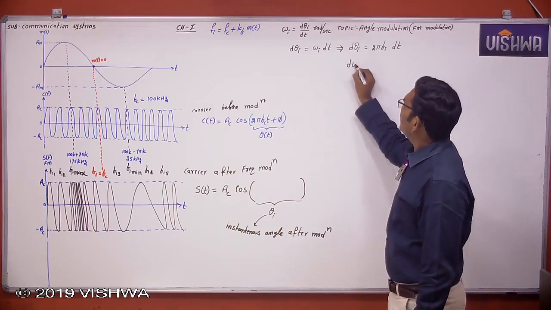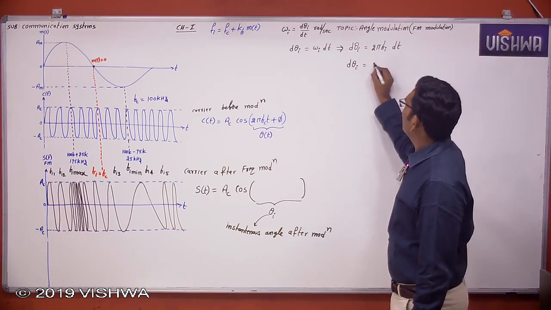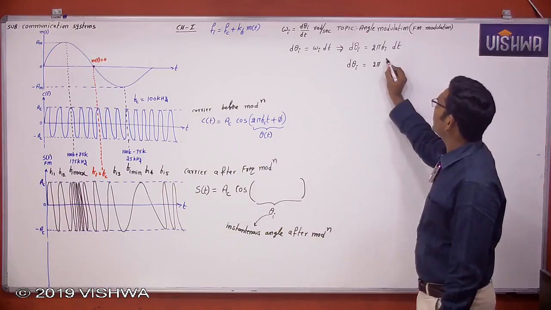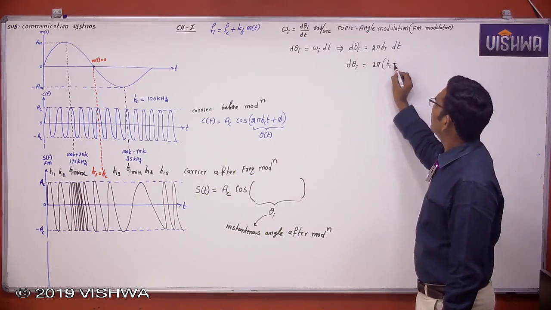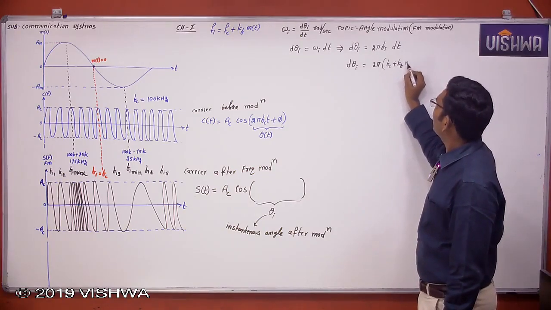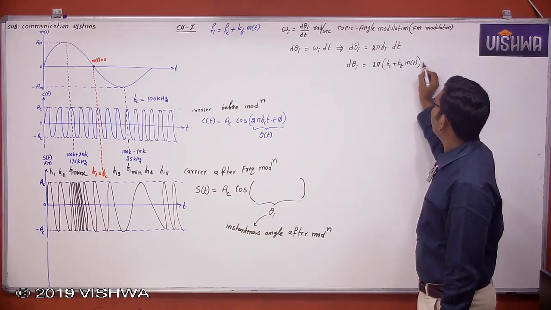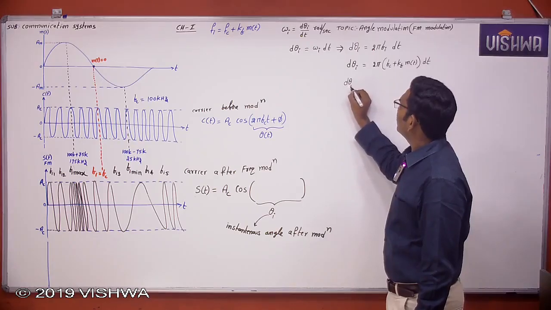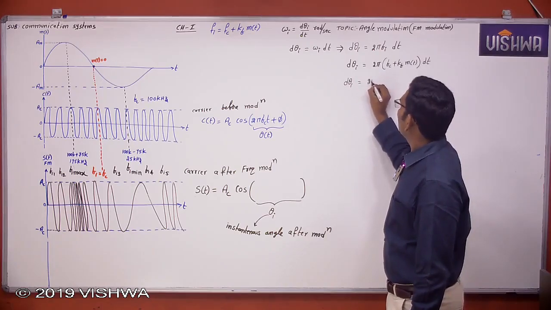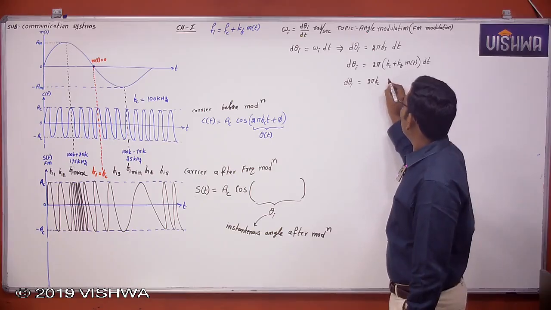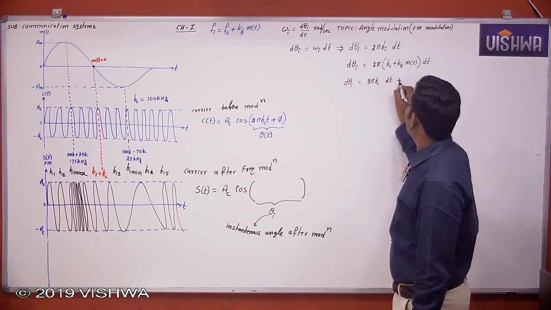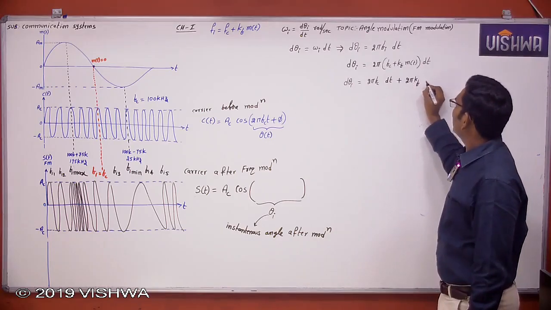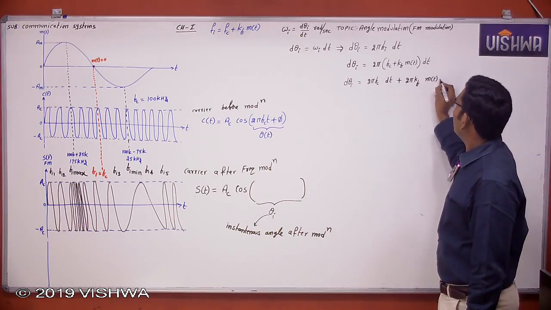Now d theta I is nothing but 2 pi Fi, what is Fi? The instantaneous frequency. What is the instantaneous frequency? Fc plus Kf into m of t. So d theta I is nothing but 2 pi Fc into dt plus 2 pi Kf into m of t into dt.